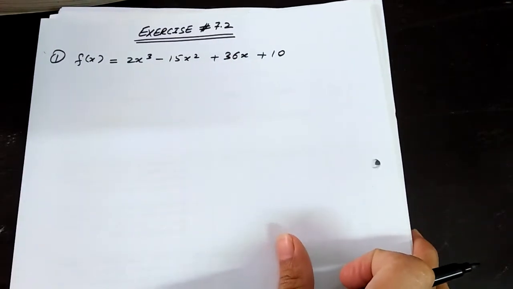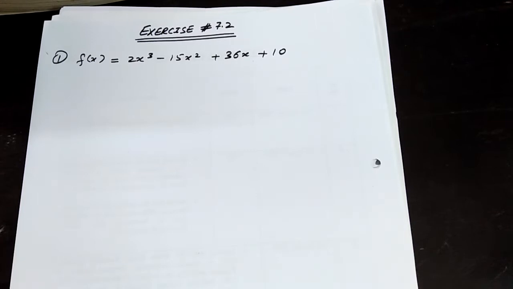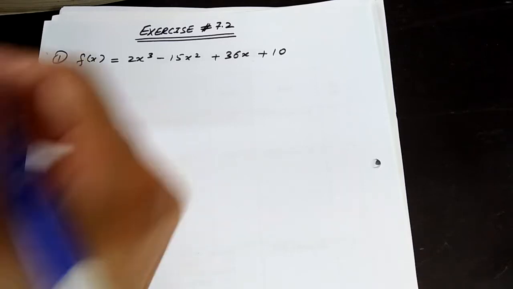Now for finding the relative extrema, first of all we need to find the critical points. For finding the critical points we need its first derivative.